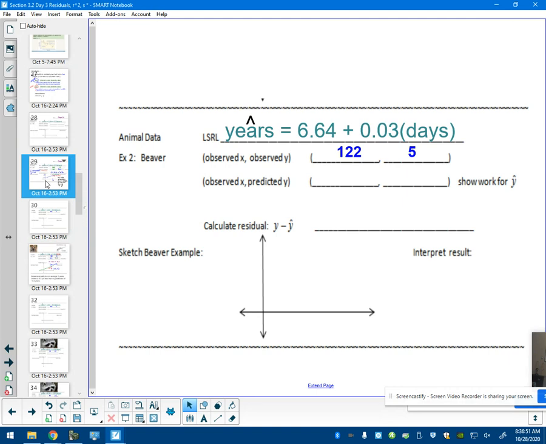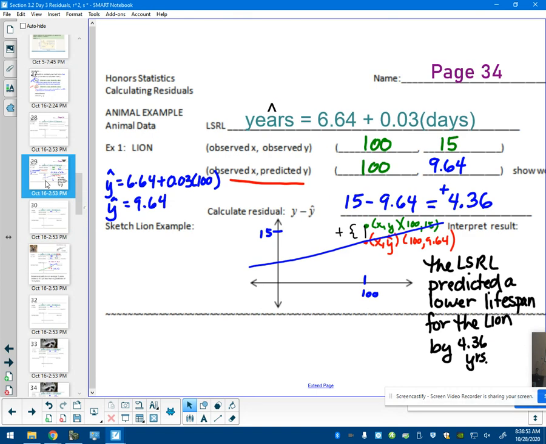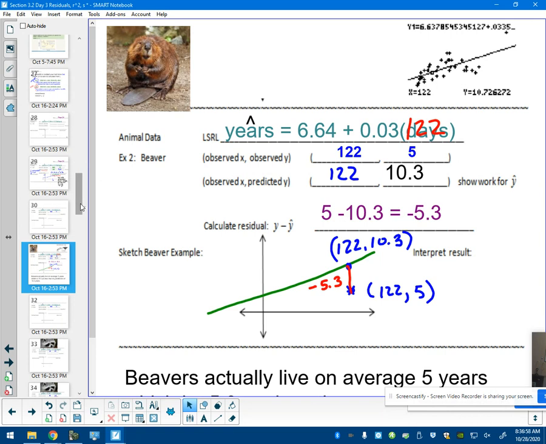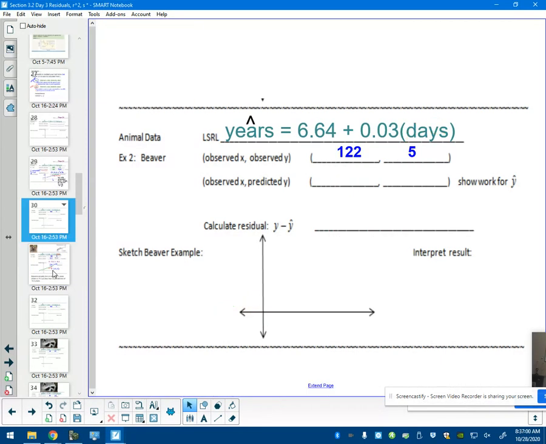Check with somebody after you calculate the beaver. See if they got the same residual as you before you go drawing the curve and everything.